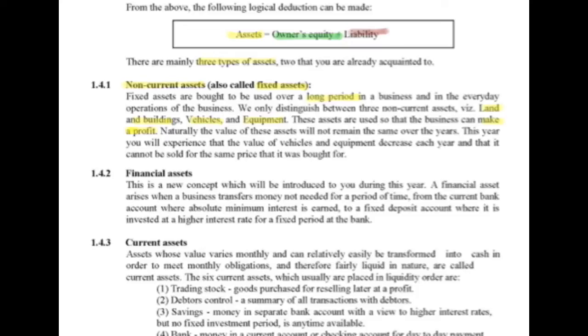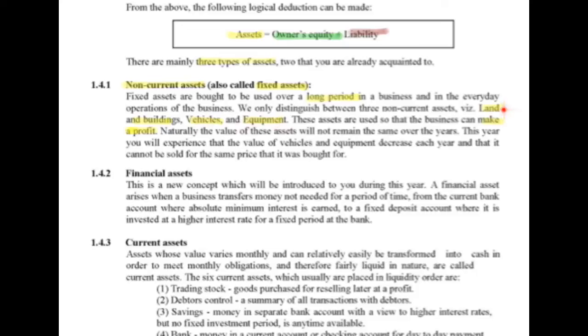You know this already. If your dad buys a car today, a year from now that car would have lost value. So we're going to look at the losing of value a little bit later, but now you can just understand fixed assets lose value, especially your vehicles and equipment.